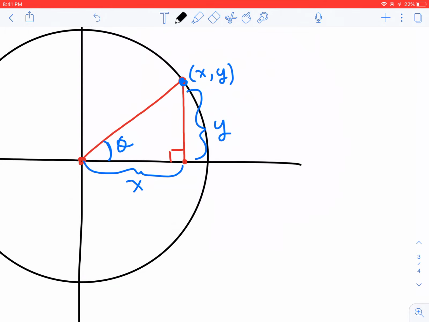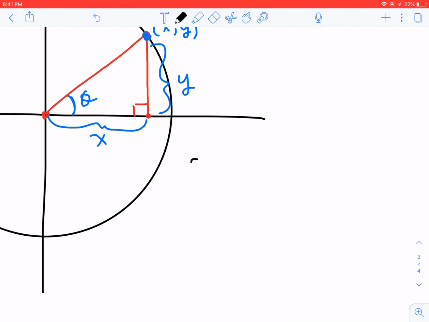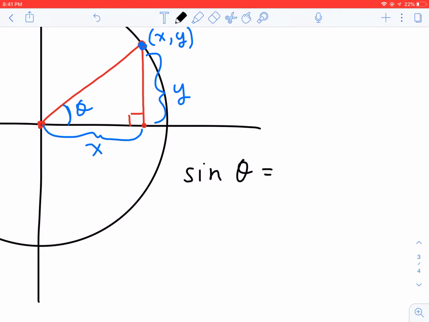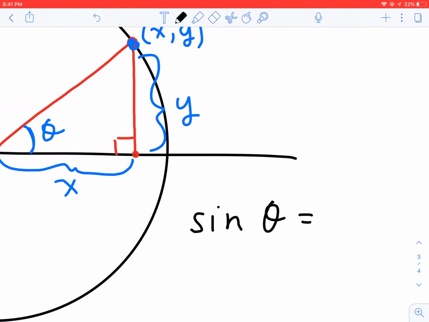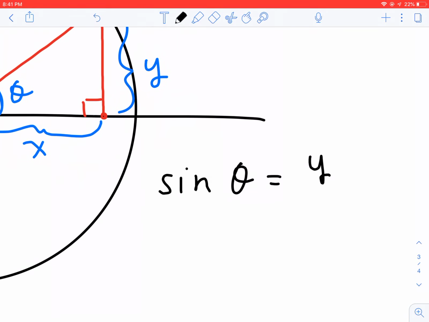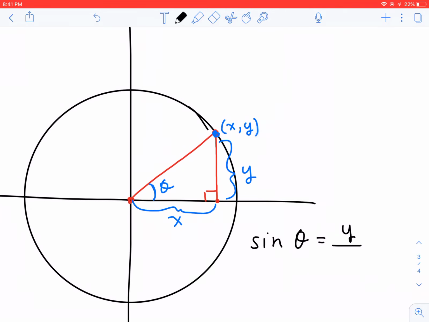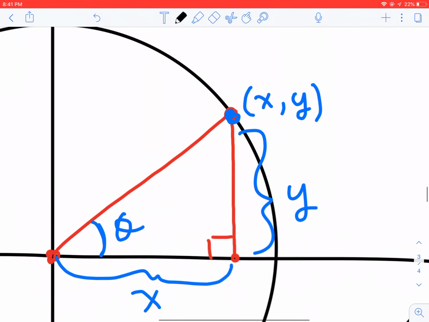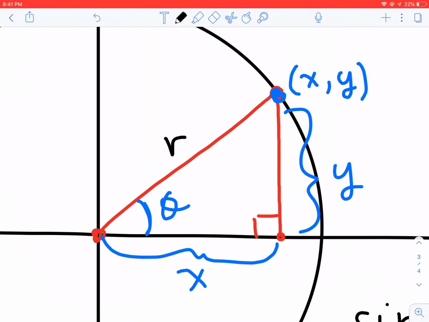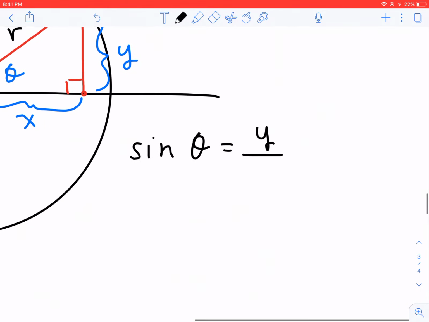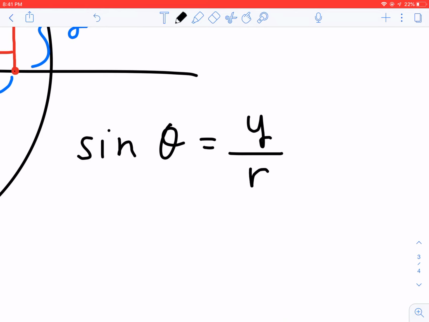So remember, sine of theta, sine of any angle, is the relationship between the side opposite the angle over the hypotenuse. So the side opposite angle theta here is going to be a length of y over the hypotenuse. So this hypotenuse was a radius of the circle. So let's call that r. So sine theta will be y divided by r.